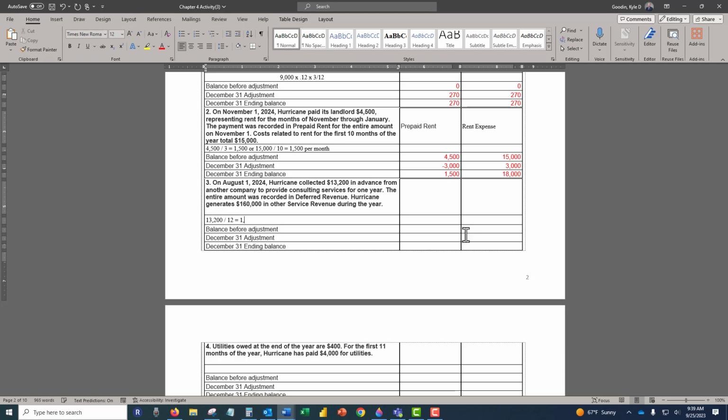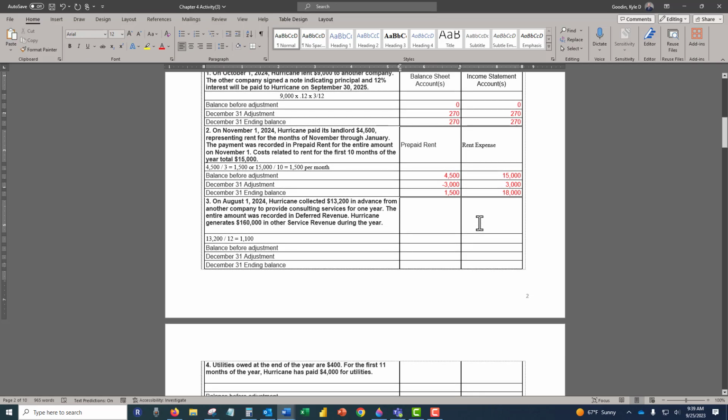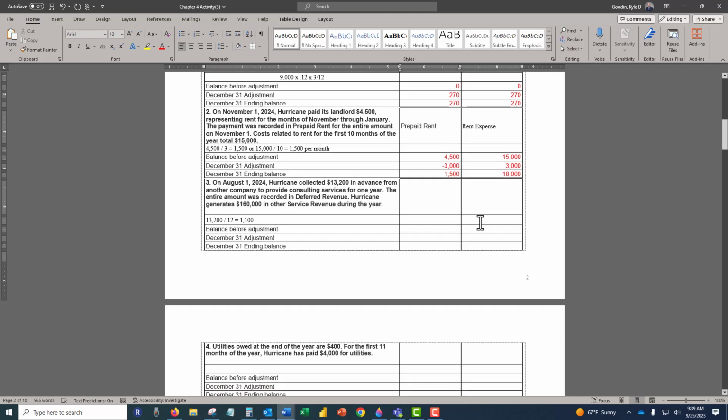Okay. So we've got the math part of it figured out. Let's talk about what our balance sheet account is here. And our balance sheet account is going to be deferred revenue. And then our income statement account is going to be service revenue.